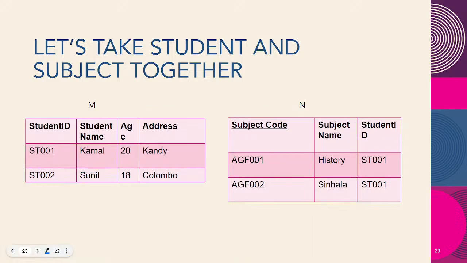But there is a problem in this table also. This ST001, can you put it again for the Sinhala? You can put. But can Sunil do the history also? Can Sunil do both history and Sinhala?